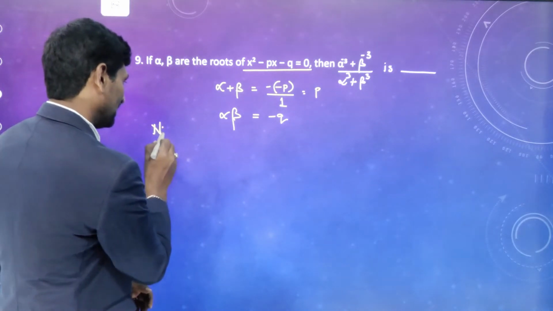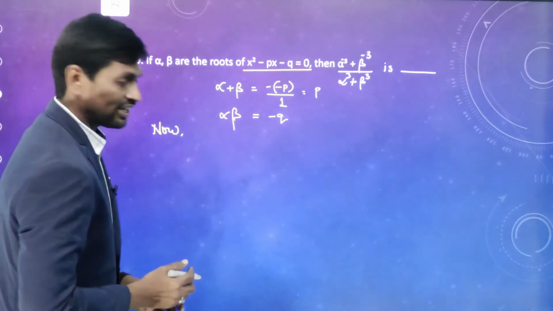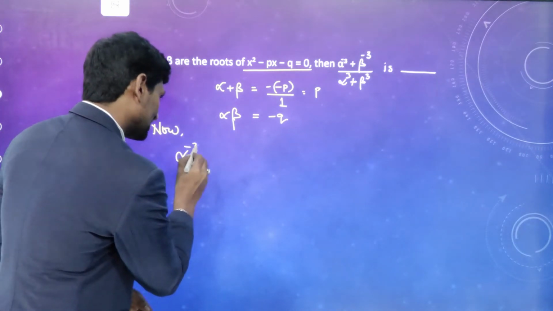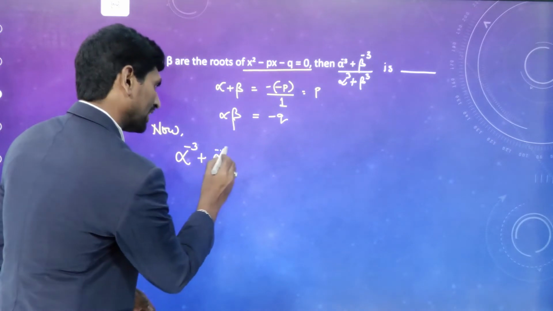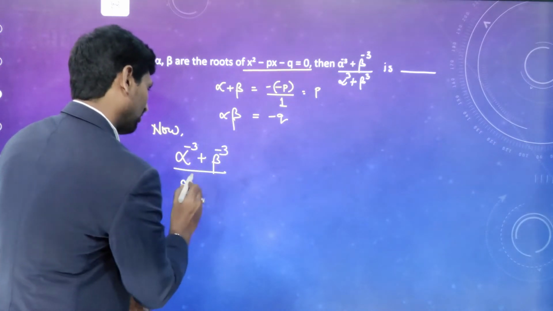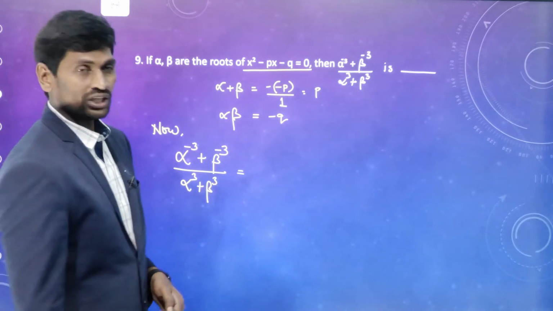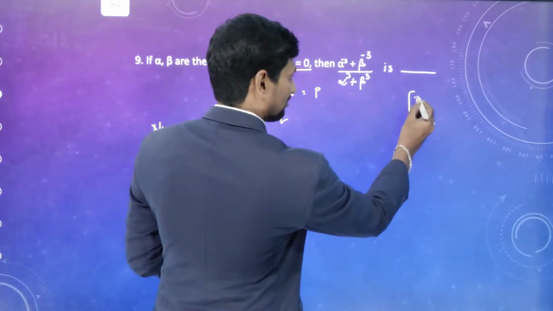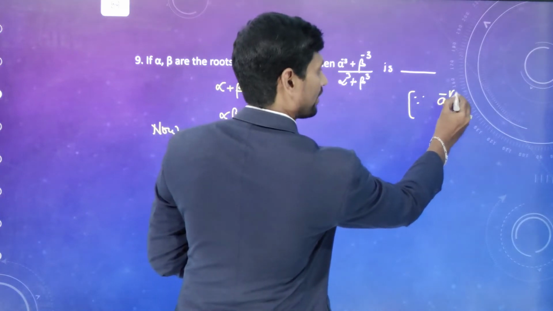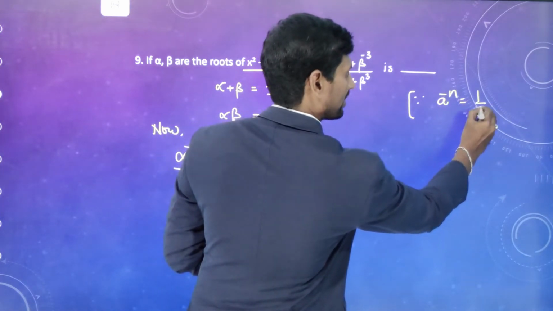Now let us find this by simplifying. Alpha power minus 3 plus beta power minus 3 by alpha cube plus beta cube. Now you already know the law of exponent, that a power minus n is equal to 1 by a power n.